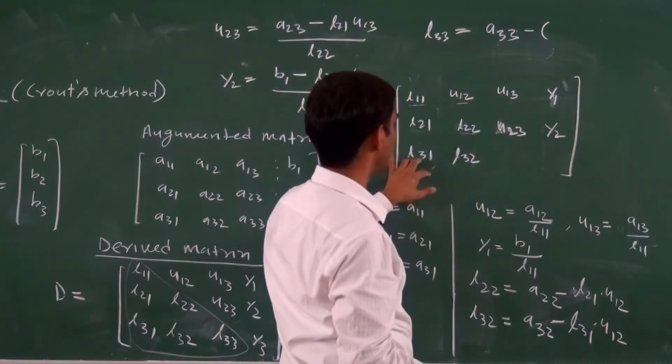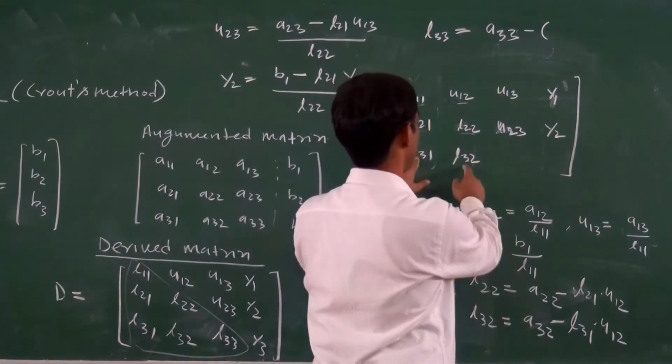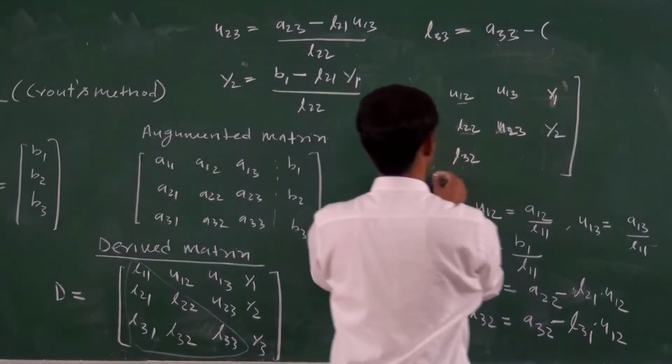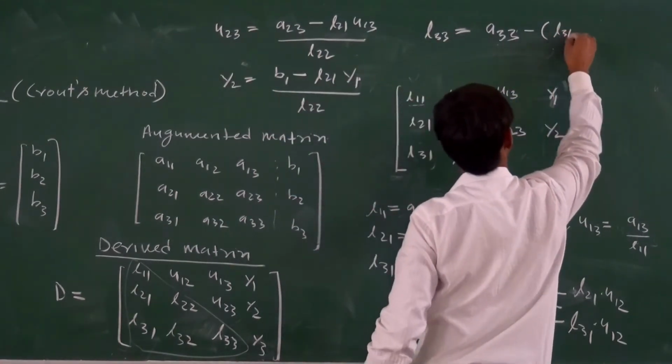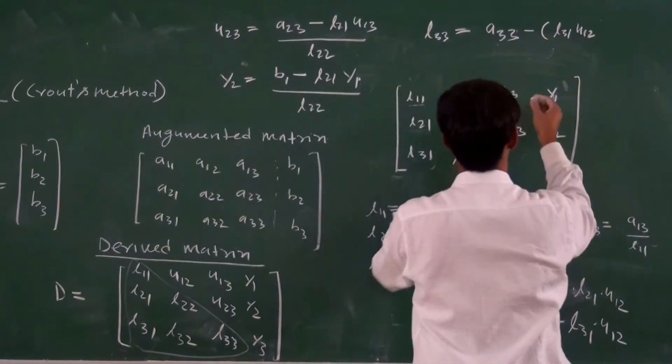So here we multiply L31 U13 and L32 U23.